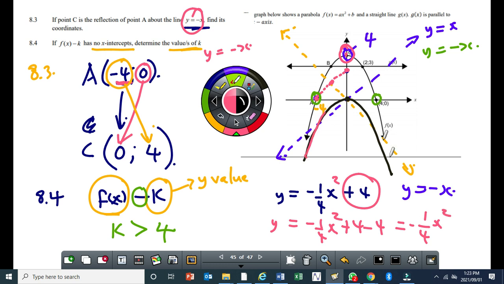But I want the graph to have no roots, therefore I have to subtract a value that is more than 4. So this will be our solution: k must be greater than 4. Whatever number of units you move the graph down, they have to be more than 4 units downwards.